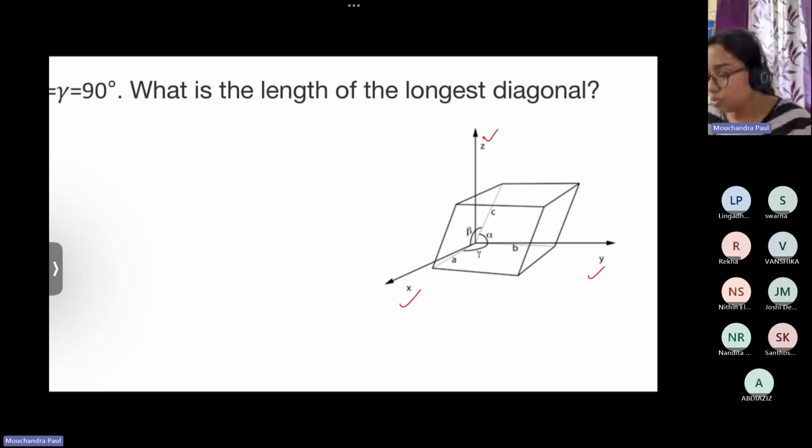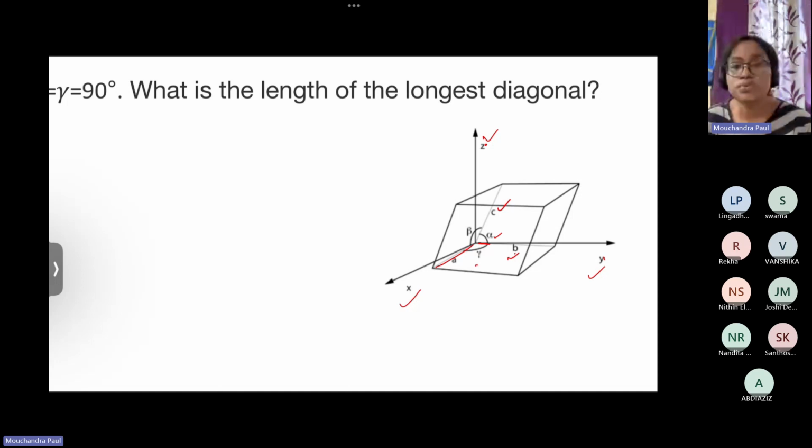The XY plane will have the face with edge lengths A and B. Whereas in the XZ plane, you will have a face of the unit cell with lengths C and B. As for how the angles are named, the angle between edges B and C is called alpha. The angle between edges A and B is called gamma. And beta is between edges A and C.